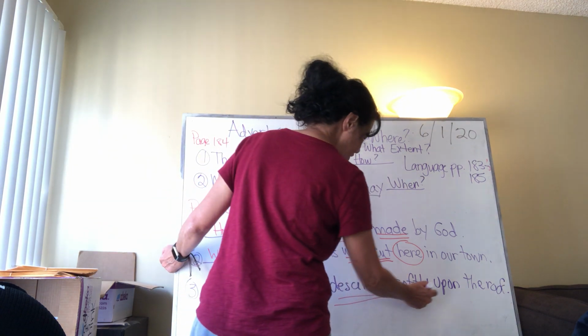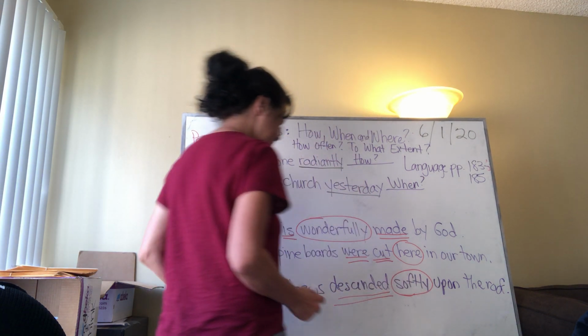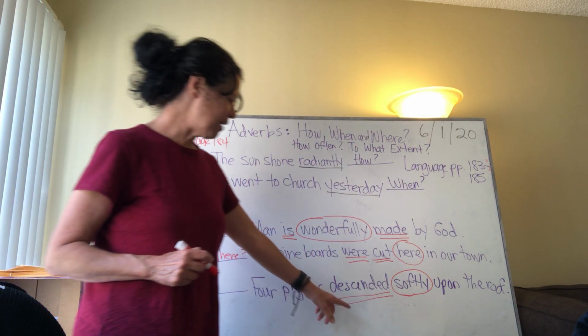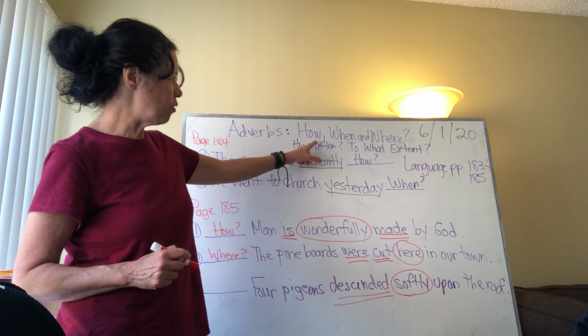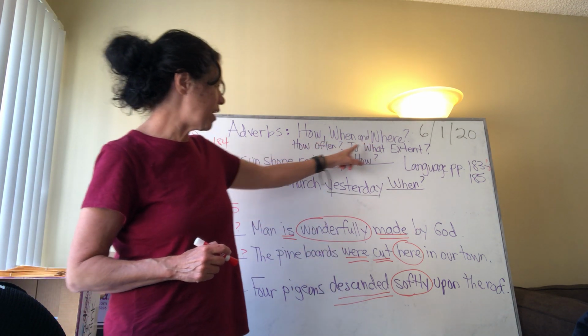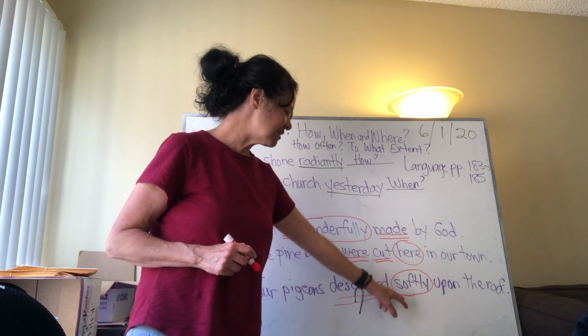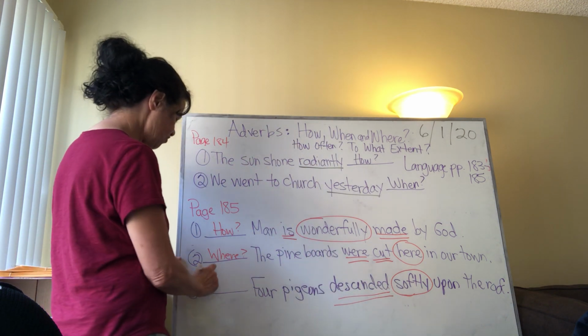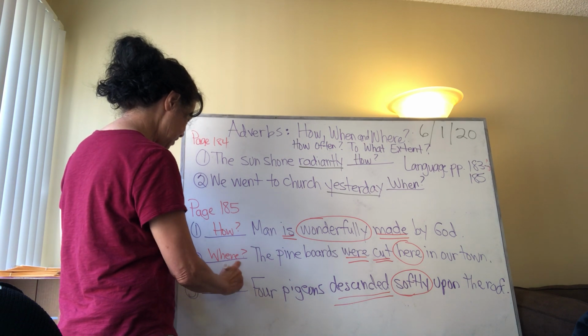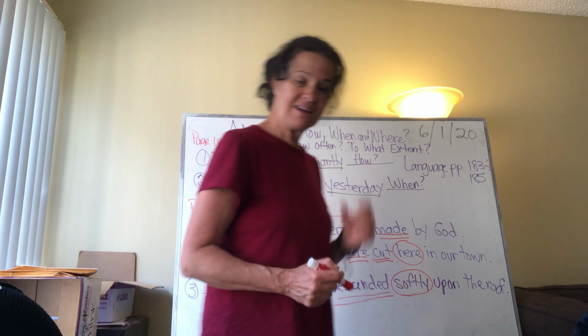And then softly gives us information, details about descended, and it answers a question: how, when, where, how often, or to what extent. It shows us that they descended softly. So that answers the question, how. How did they descend? They descended softly. Okay?